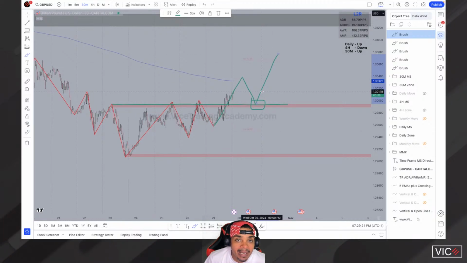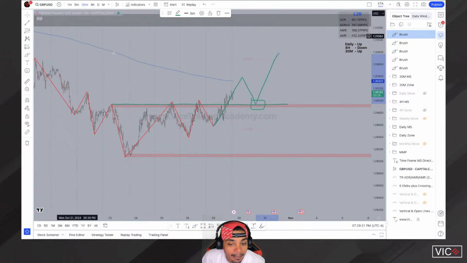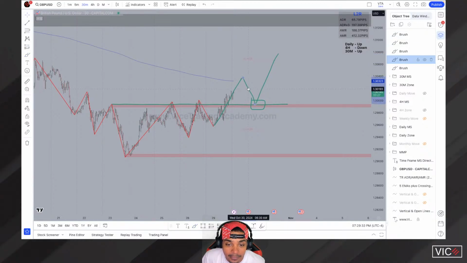Now let's keep in mind, like I went over yesterday, there's 3 things that could happen, right? Price could come back here and touch the line and go up. Price could also miss.